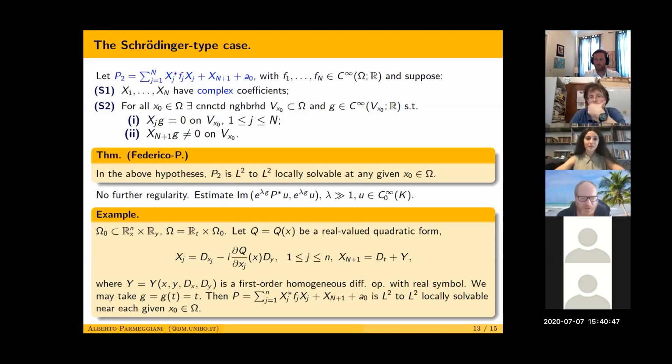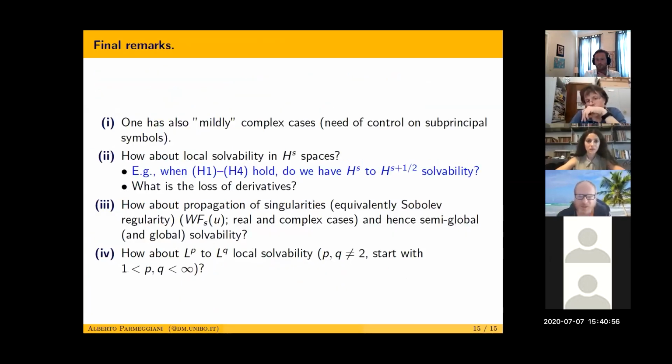You mentioned LP-LQ estimates, and if we are also interested in a weaker concept like global hypoellipticity, then, for example, if you take the vectors Xj to be constant coefficients, you can calculate the symbol of the whole operator, and then by using some Hörmander type condition or maybe some other analysis, you can put conditions for the invertibility of this operator. So then, what do you think?